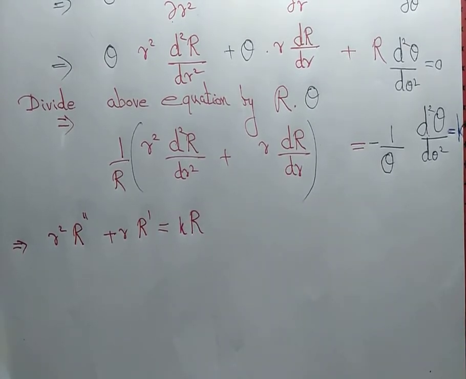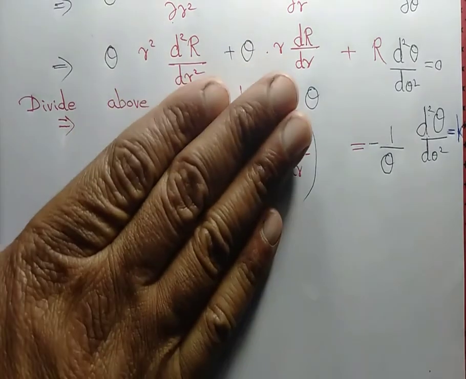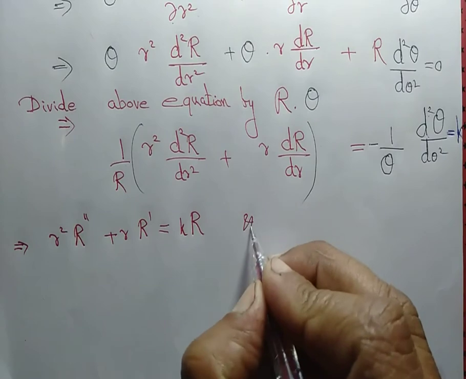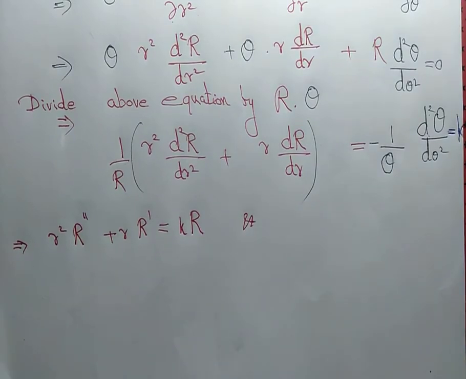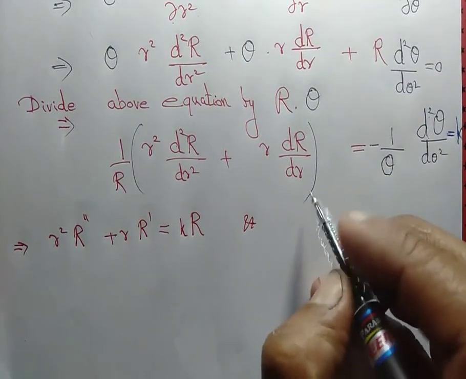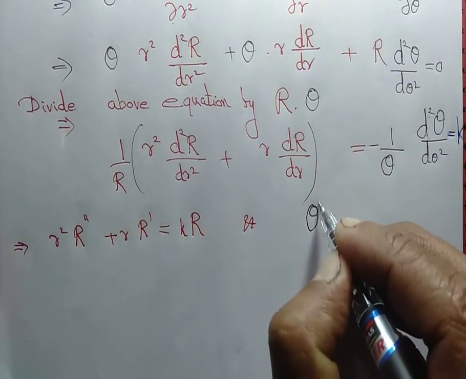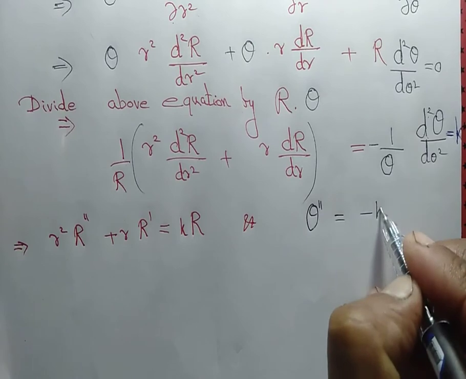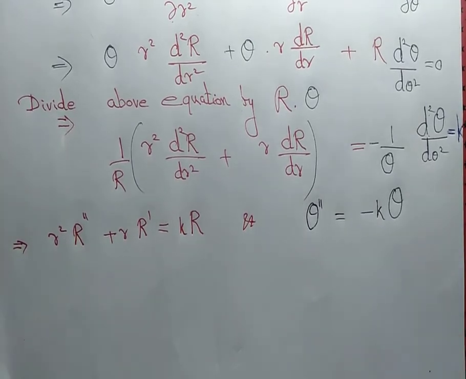And if you forget the r term, then you have double derivative of theta equal to minus k times theta.